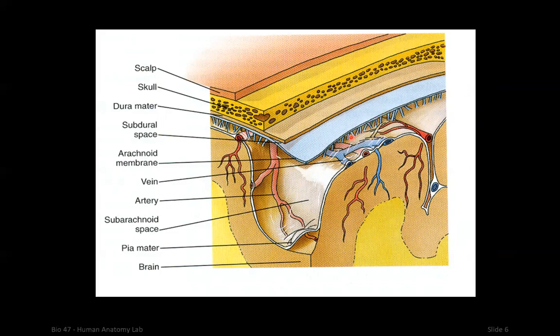So in here, where this webbing is, that's going to be filled with cerebrospinal fluid. And the last membrane is the pia mater. The pia mater is the gentle mother. It really tightly adheres to the surface of the brain. The same way that the periosteum adheres to the surface of bone, you can't peel the pia mater away from the brain. So these three membranes protect and envelop the brain and the spinal cord.